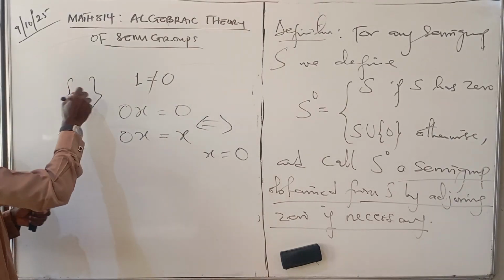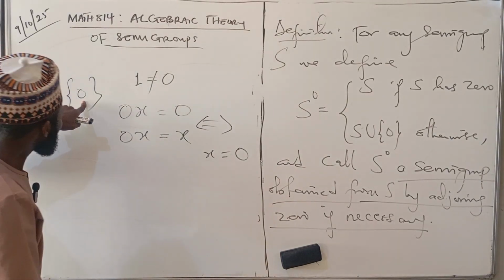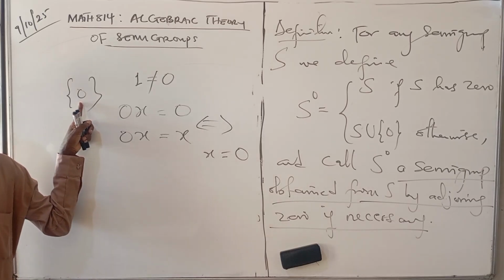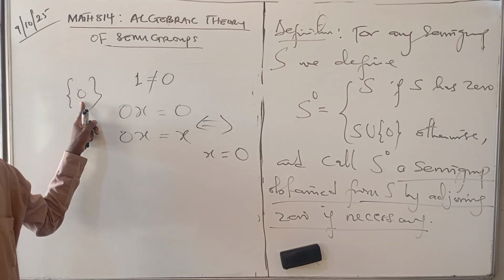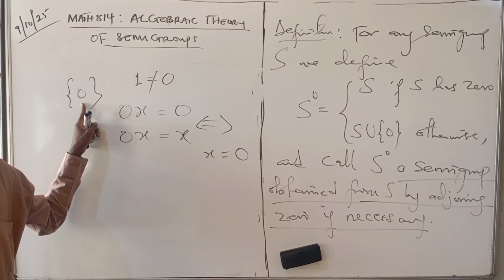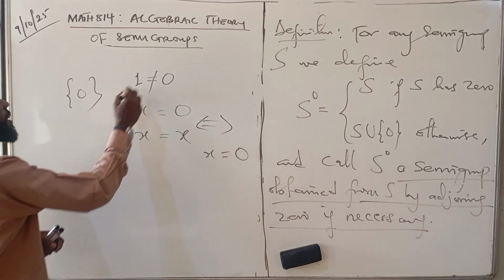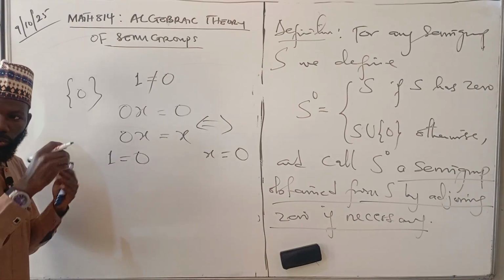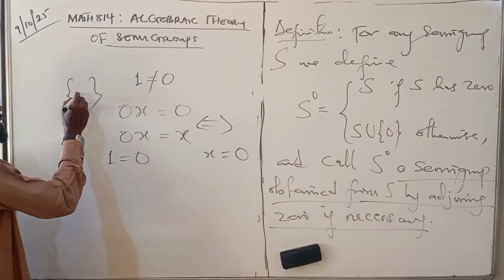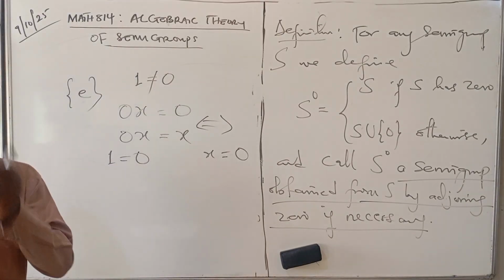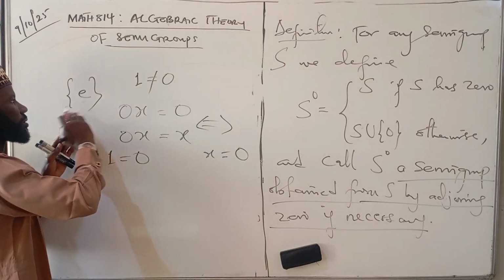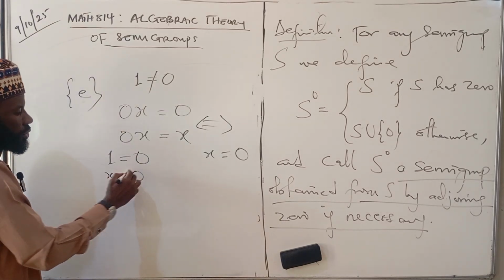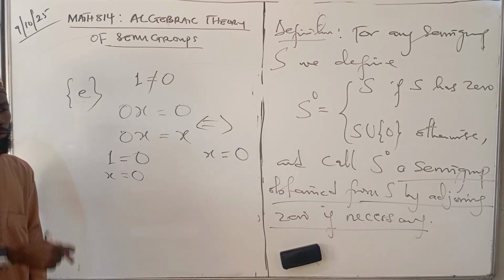Now in this situation, this element is both 0 and identity. So which one do we call it? If you have a semigroup where identity and 0 are equal, that semigroup must contain only one element, let's say E, because every element x you take must be that same 0.